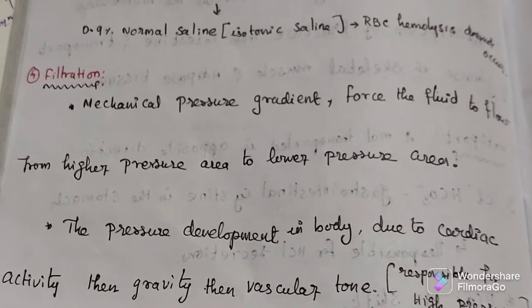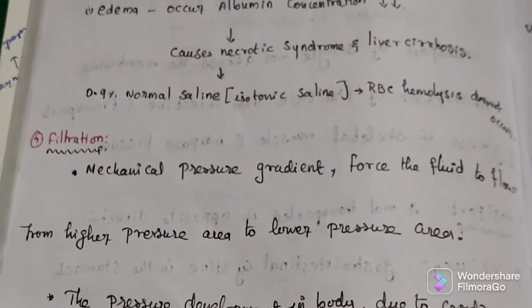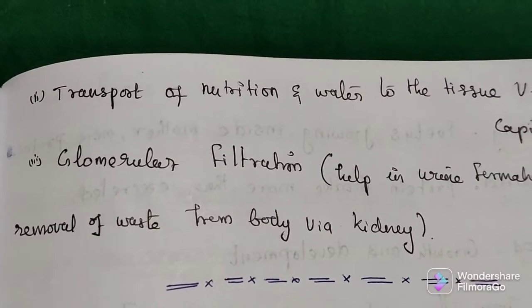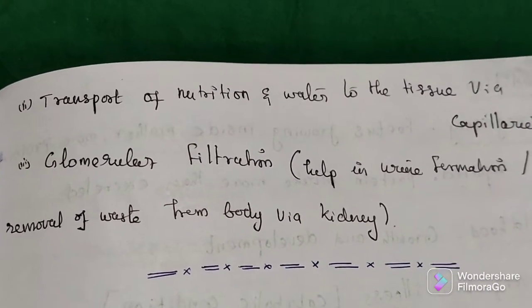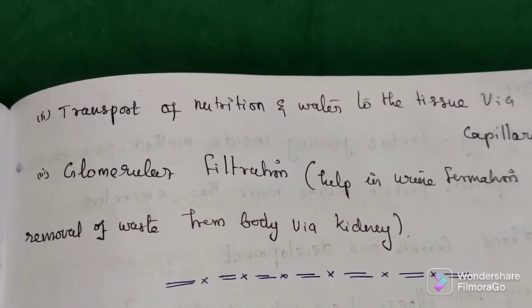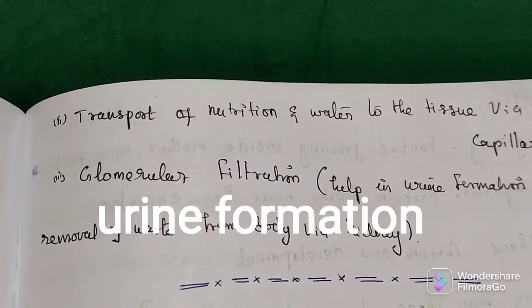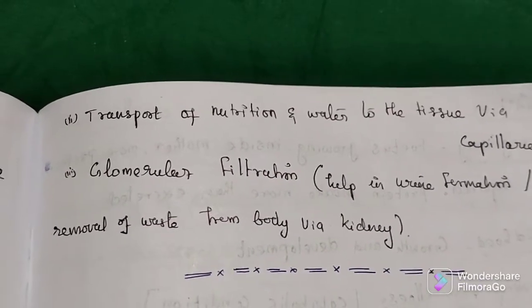These are responsible for the development of higher pressure. It is important in transport of nutrients and water to the tissue via capillaries. It is also important for glomerular filtration, helping in urine formation, that means removal of waste from the body via the kidney.